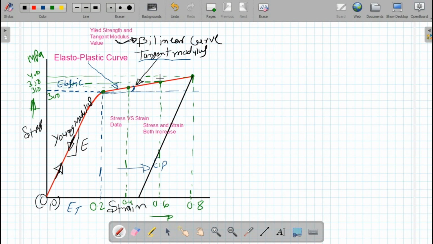But when you further load the product, here unloading follows the line parallel to this line, clear, parallel to your Young's modulus line. This is clear, loading and unloading.